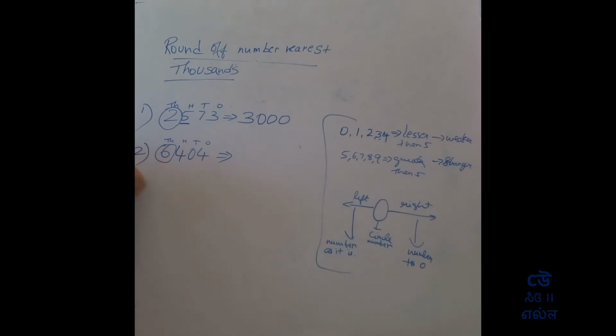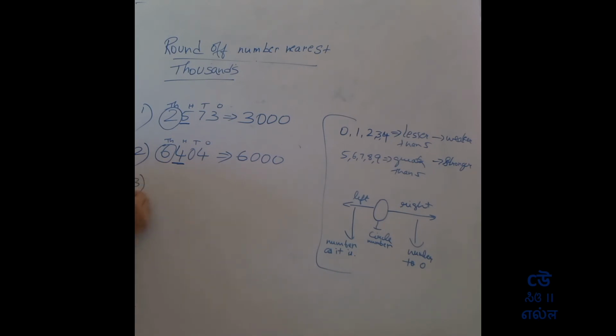Next, we have to consider the right side of the thousands place, that is the hundreds place. The hundreds place number is 4. Is 4 weaker or stronger? 4 is a weaker number. So if it is a weaker number, that is lesser than 5, we have to write the thousands place value as it is. So 6 will remain the same, and the right side numbers will become 0.